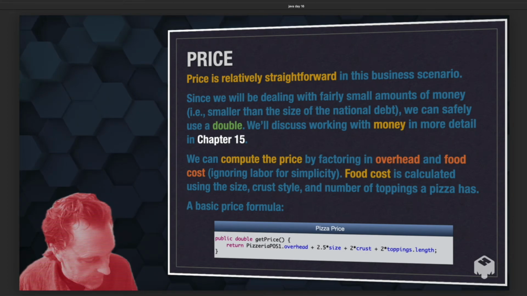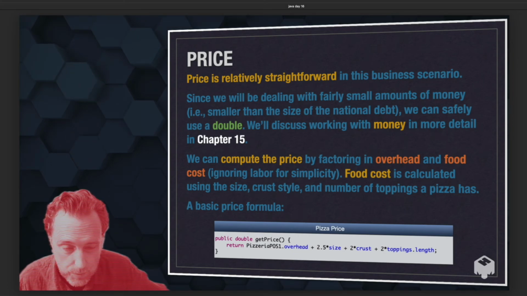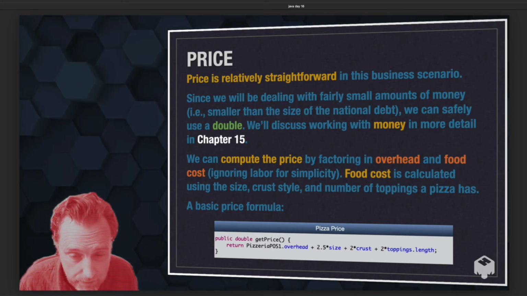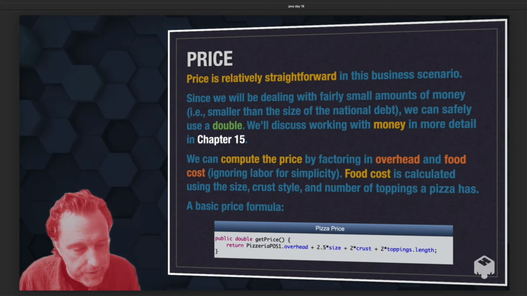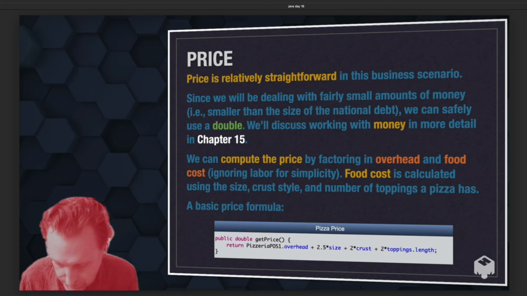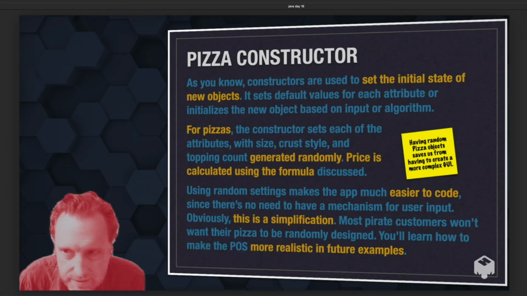We will in the future make this more sophisticated, and we'll charge, say, more for mushrooms and less for onions or whatever the case may be, just based on how expensive individual toppings are. But at this point, I'm trying to keep it fairly simple, and I'm just multiplying by the number of toppings.